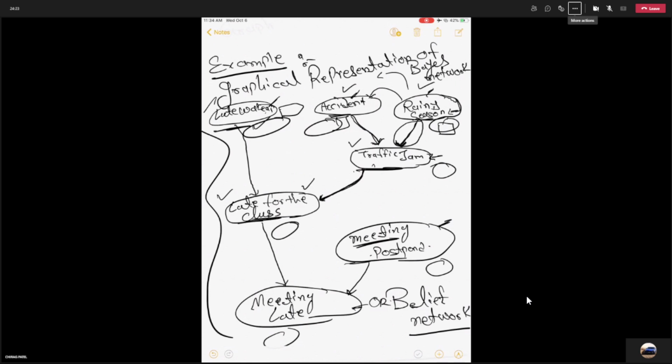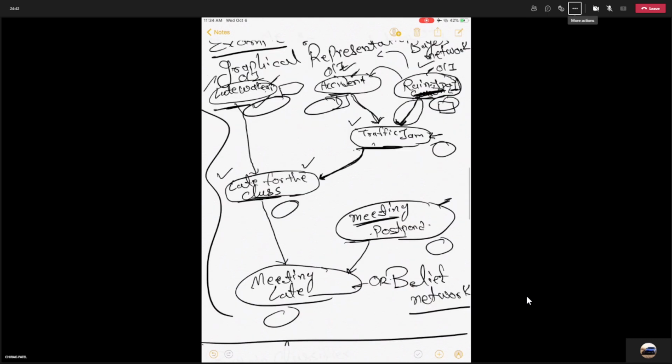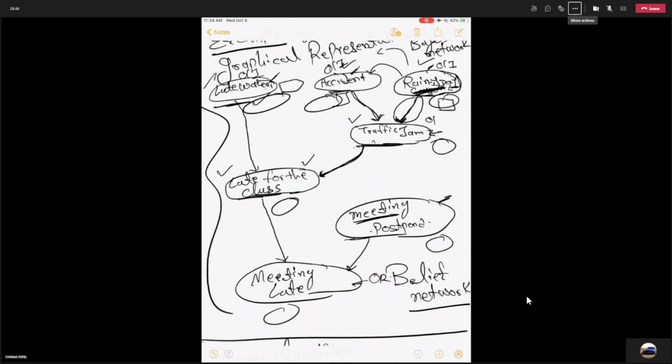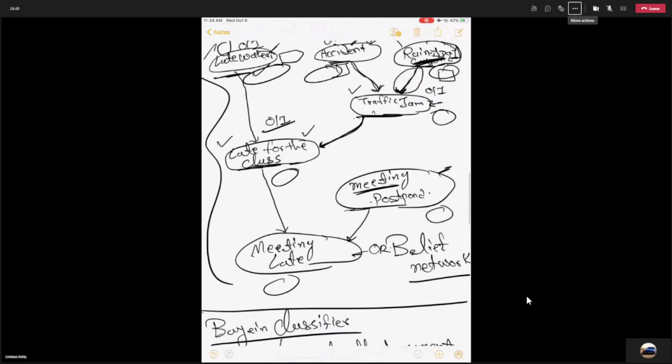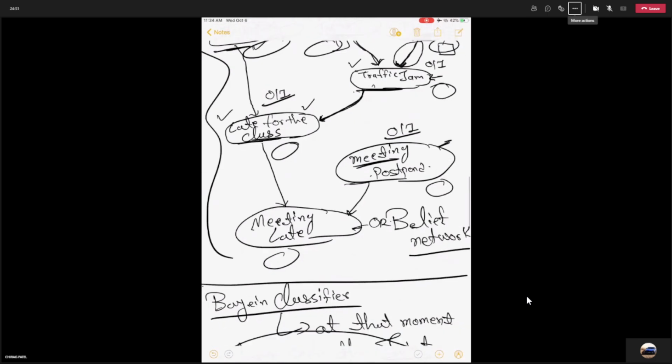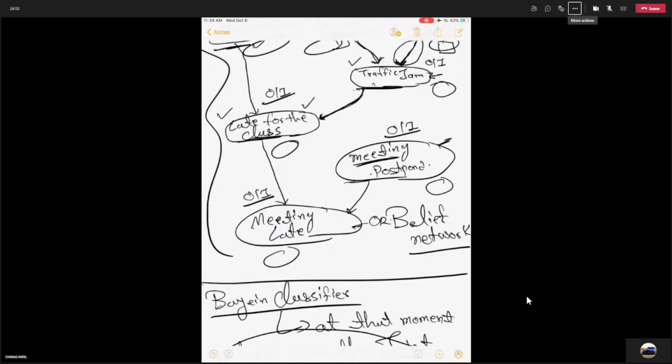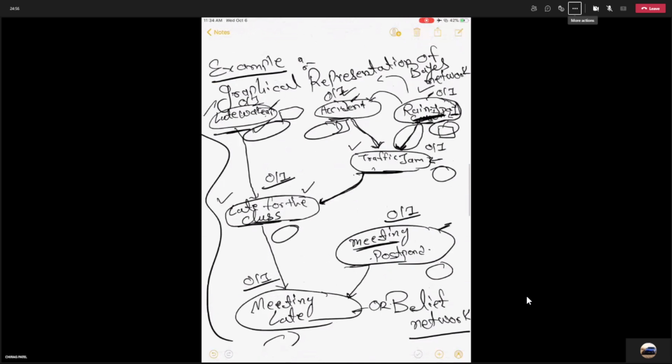If you talk about whether you're late or early, it's having two values, 0 and 1. Is there an accident on the road, it's 0 and 1. If it's a rainy day, then it's 0 1. Traffic jam, either there's a traffic jam or not, you are late or not late, meeting is postponed or on time. So all have binary states.